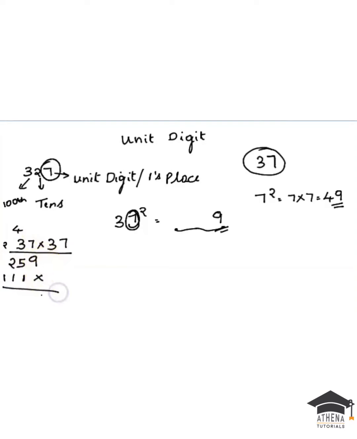So we'll get 9, 5 plus 1 is 6, 2 plus 1 is 3, and 1. So you can observe here the unit digit is 9. Okay, let me consider another example.